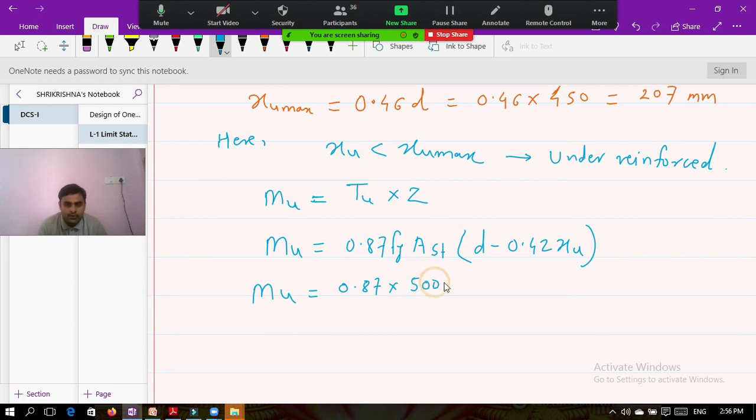Fy is 500 into Ast. Area of steel किती आला होता? 1256.63 in bracket 450 minus 0.42 into xu. Value of xu is 202.4 something. So from this we will get the value of Mu.